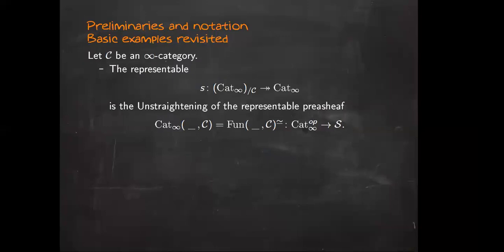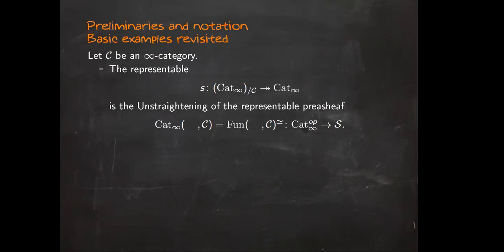Yeah, so now we can revisit the examples that we had before and consider them as fibered things over our base category C. So if we take the naive indexing as we did before and post-compose it with the core functor, we obtain a presheaf over Cat infinity, which is just the representable over C, right?